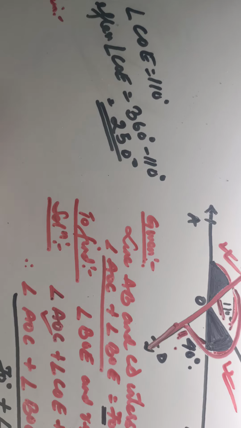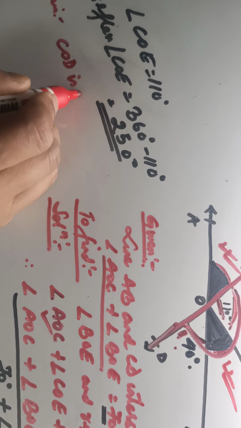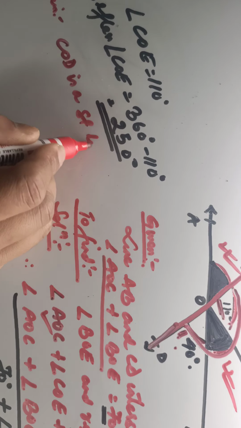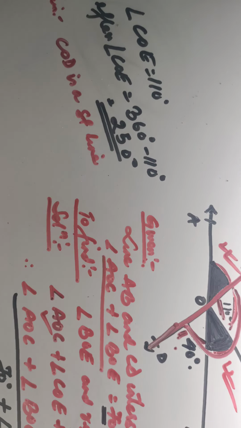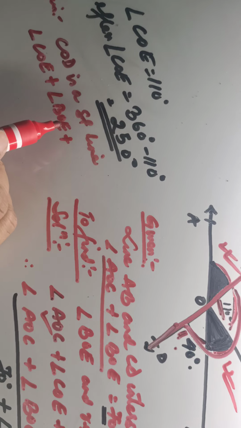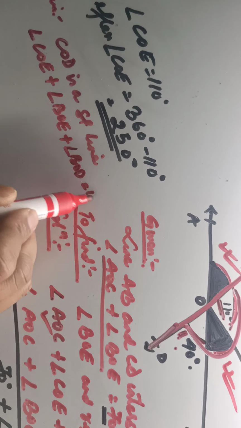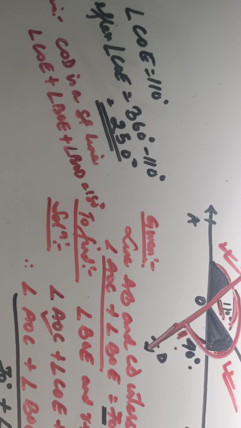So again, what I do is: COD is a straight line. Therefore, you can check the figure: angle COE plus angle BOE plus angle BOD would be 180 degrees. Just now I found COE as 110.